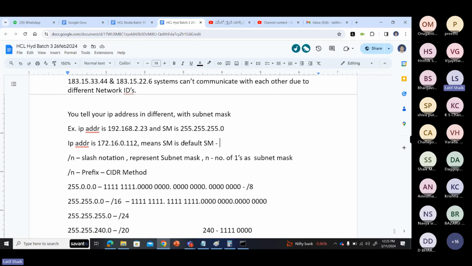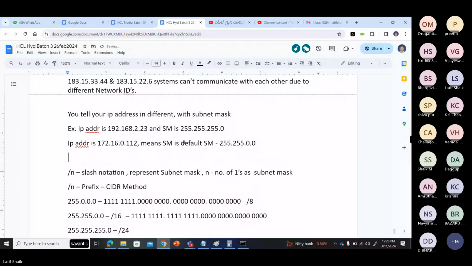It's a class B. What is the default subnet mask? Okay, that is the default subnet mask. Guys, you can tell with a subnet mask or without telling the subnet mask. If the subnet mask is not mentioned, it is the default subnet mask. If the subnet mask is mentioned, you have to look at it carefully.